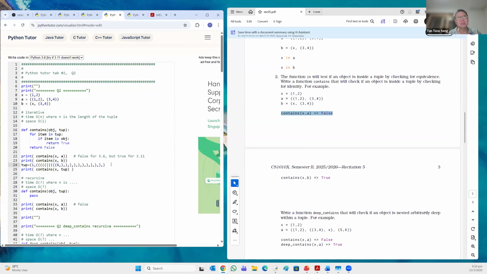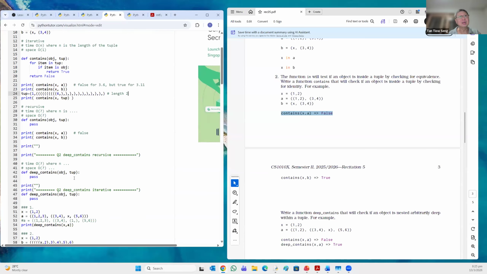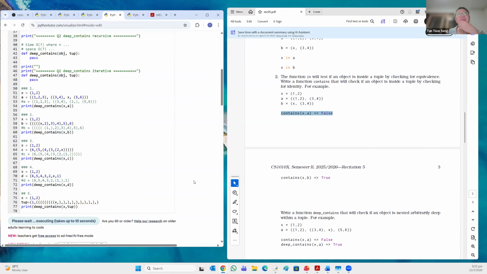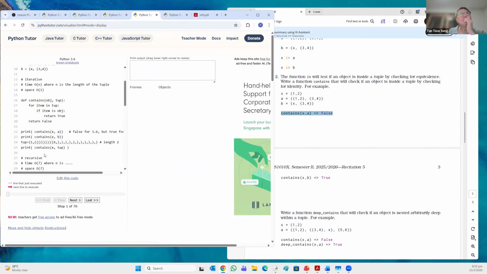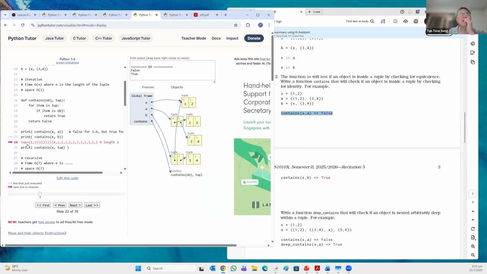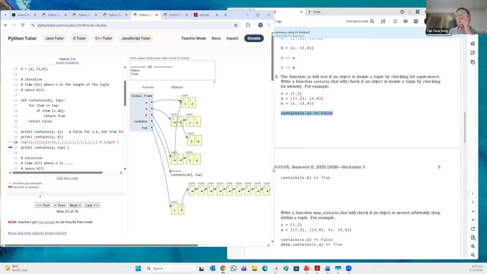It's 2, right? Let's see the animation. Okay, the tuple looks like this.